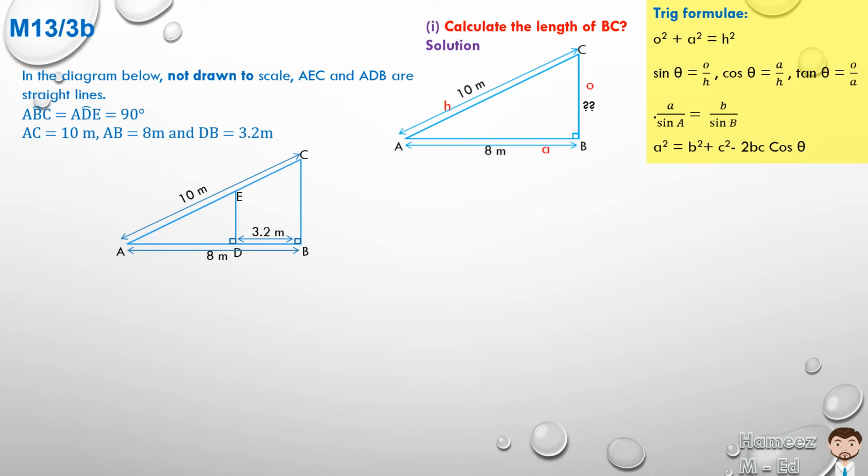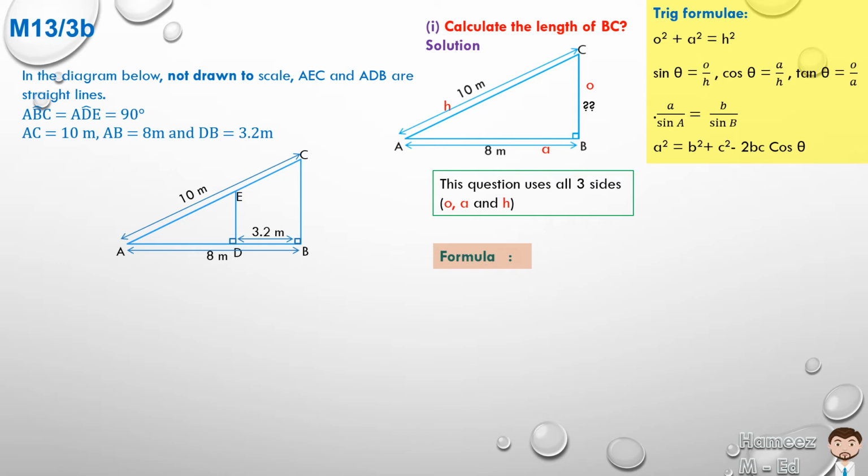As such, this question uses all three sides, O, A, and H. So we now have to pick which formula to use. And that formula will be Pythagoras theorem, where O squared plus A squared is equal to H squared. Let's substitute into there, and we get O squared plus 8 squared is equal to 10 squared.